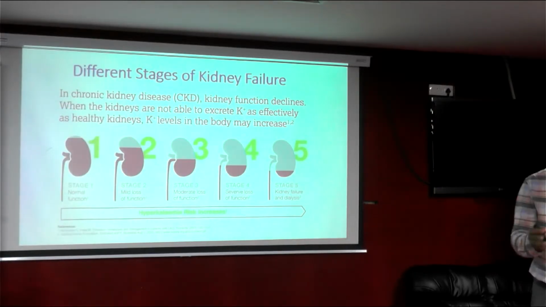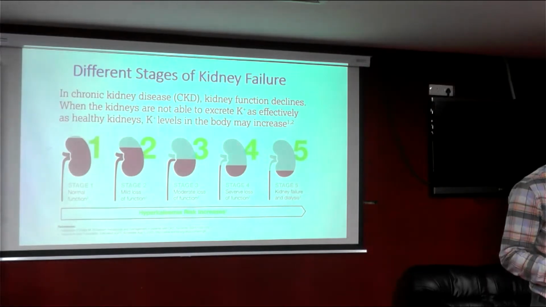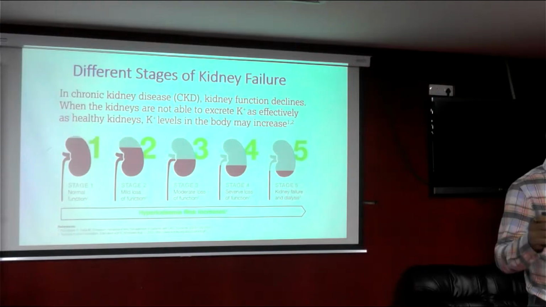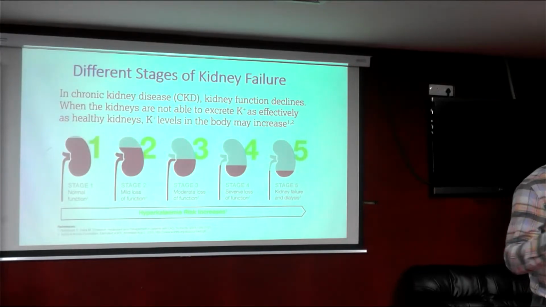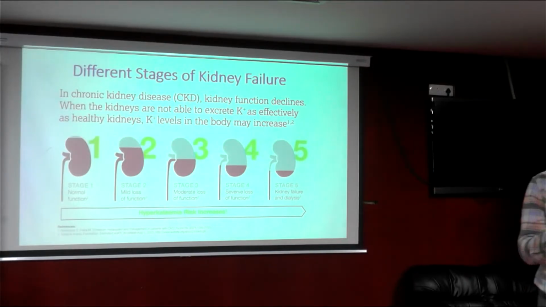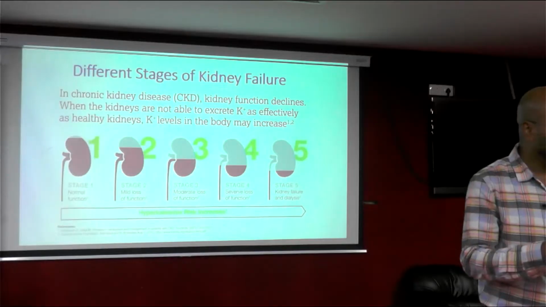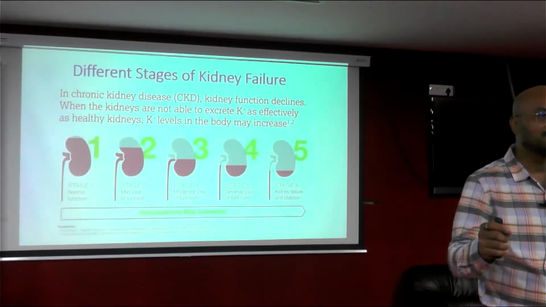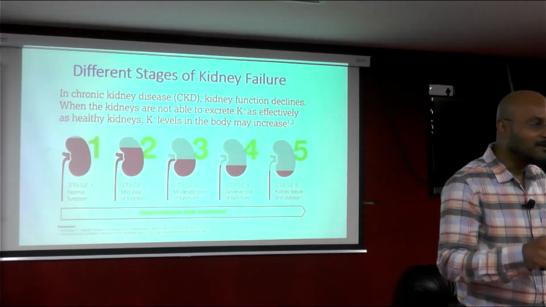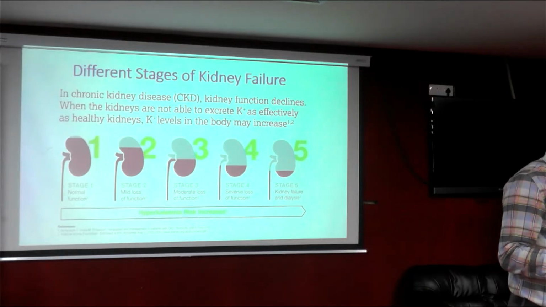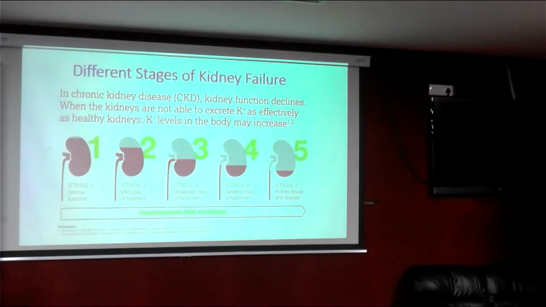And if you have a kidney problem, then it has to be differentiated into different stages. Kidney stage 1, stage 2, stage 3 and stage 4. Stage 3 is again divided into two parts, stage 3A and stage 3B. That we can determine only by the flow of blood inside the kidney.